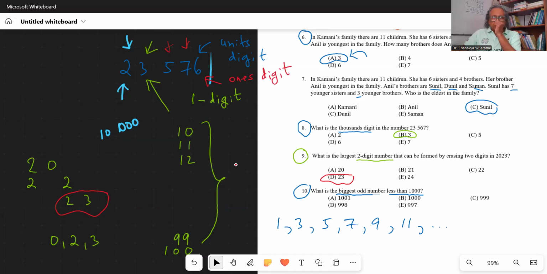So if the ones digit is even, then the number is even. Now, how many even digits are there? We have 2, 4, 6, 8.